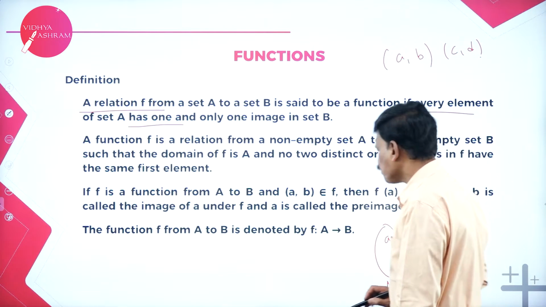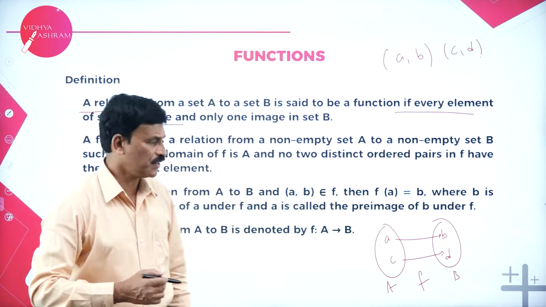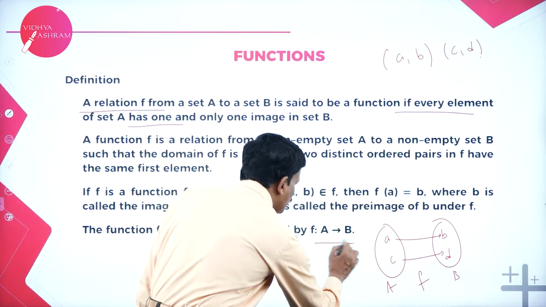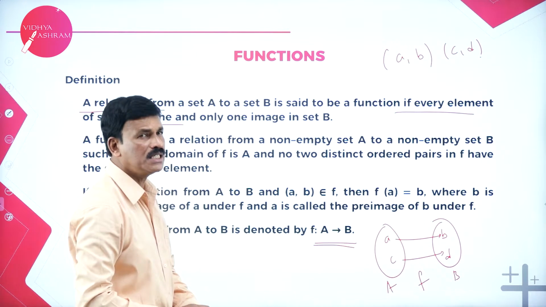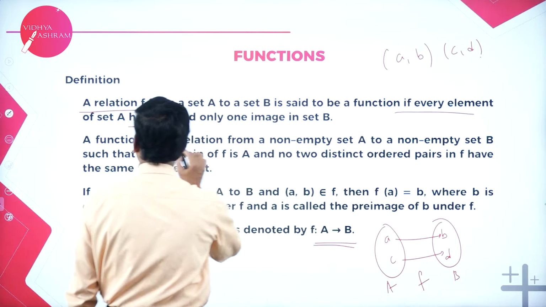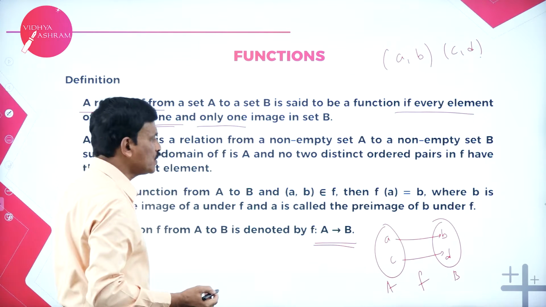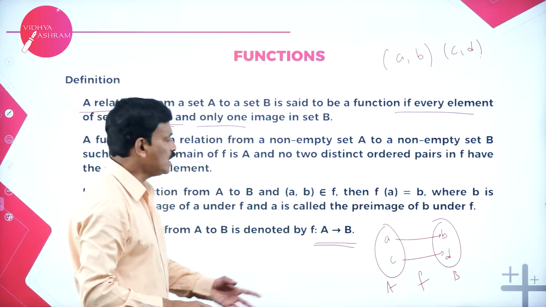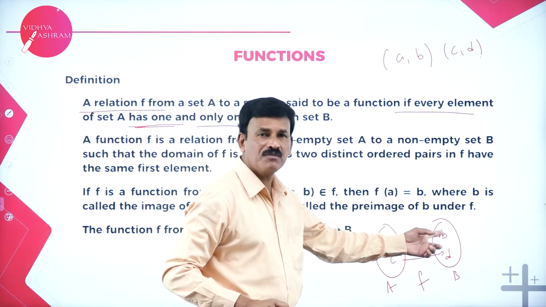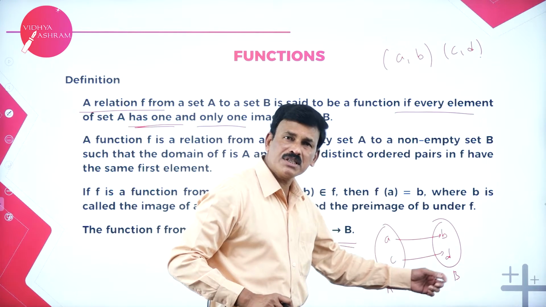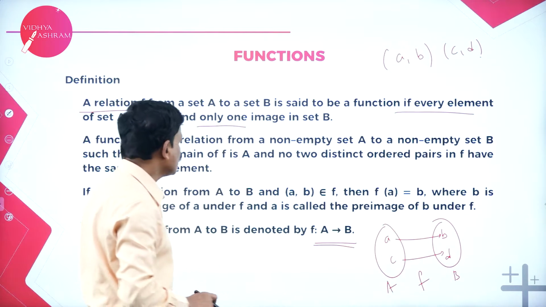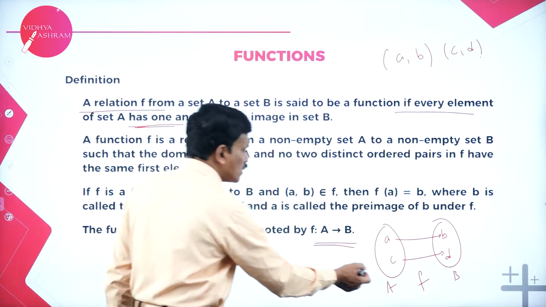So we can say F is a function from A to B, denoted as F from A to B is a function. See here. So every element of A has association only one time with the element of B. Every element of A is associated with only one element of the set B. Therefore this is called a function.